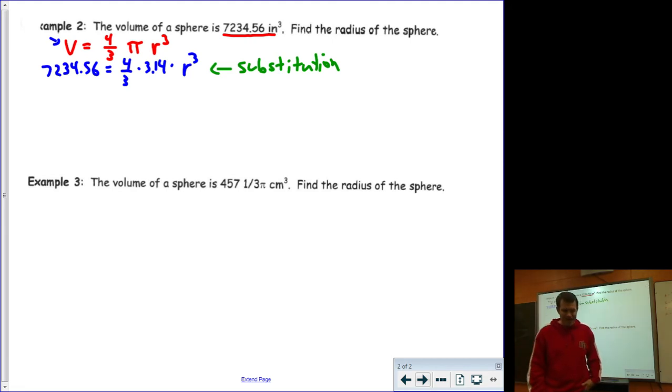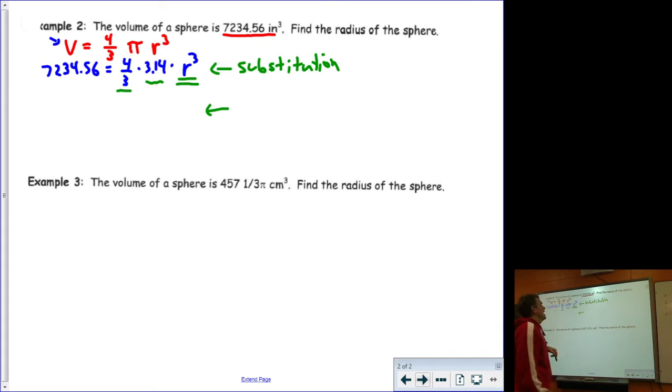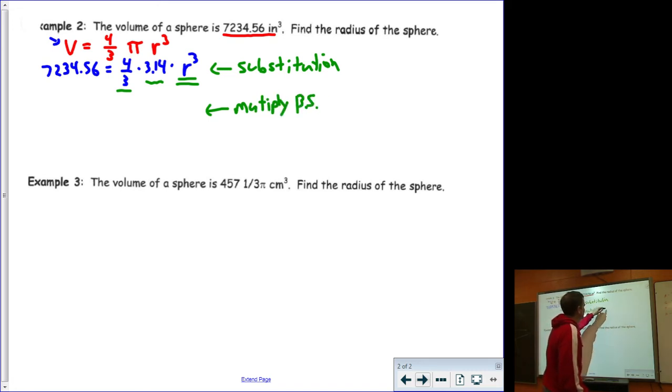The first thing I might do here is go ahead and get rid of the fraction. I don't really like the 4/3 in the problem, so, eventually my goal is to get the r cubed by itself. And to get the r cubed by itself, I need to get rid of these other two numbers. I'm going to start by getting rid of the 4/3, and to do that, I'm going to multiply both sides by its reciprocal, right?